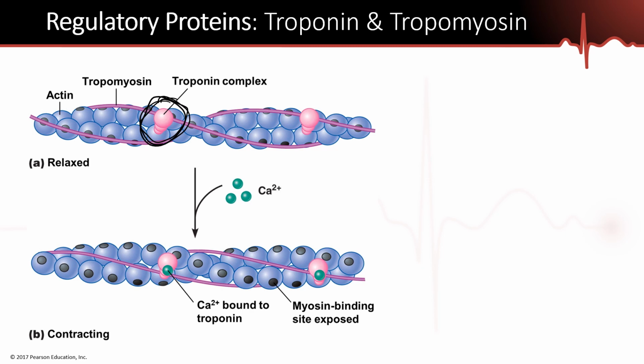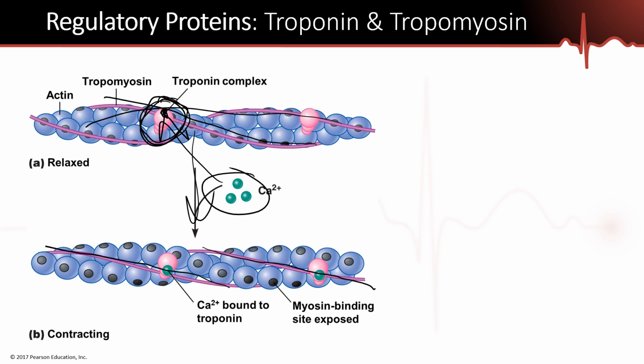And troponin has a binding site on it for calcium. When calcium binds to troponin, it causes a conformational shift in the troponin protein. That conformational shift pushes tropomyosin off of the myosin binding sites on the different globular G-actins.